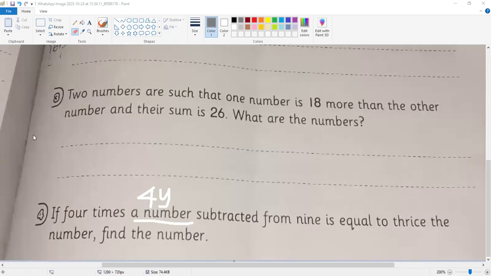Now, there's a mention of subtracted. So for this subtracted, I'll put a minus from 9. Now, when you say subtracted from, it doesn't mean 4y minus 9. Rather, we are going to do 9 minus 4y. Take note of this key expression. If I say subtract 2 from 4, you begin with the number that came after the word from.